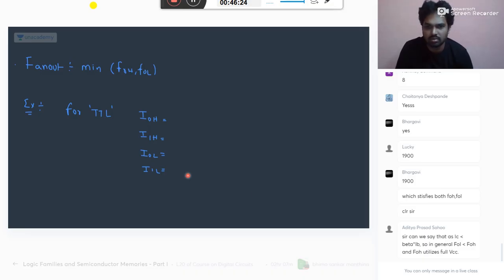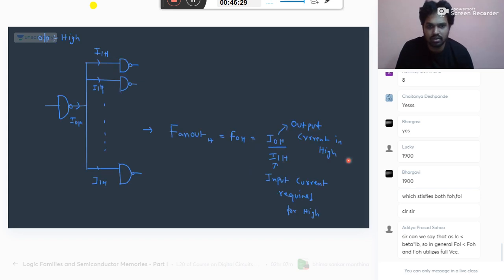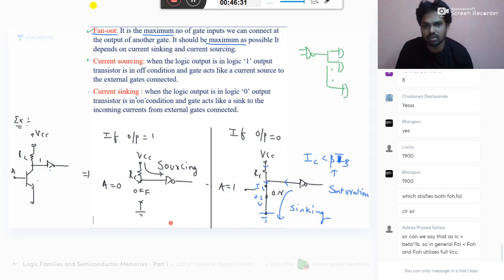Here, for sourcing, you don't know how much this gate requires. Here it is VCC by RC. But you don't know how much this fellow requires. There is no relation with beta IB in this case.